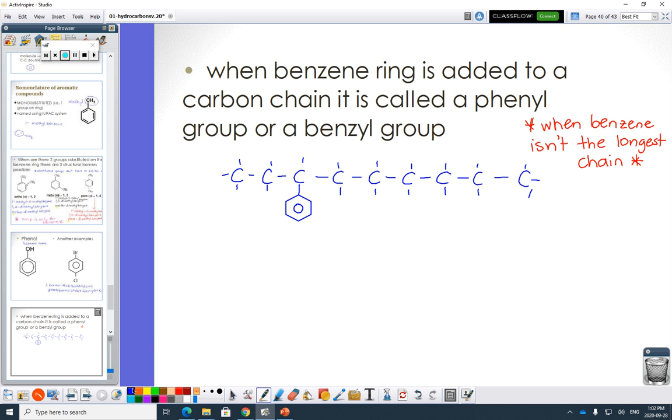Okay, so now when benzene is not the longest chain, the longest chain is going to be nonane.